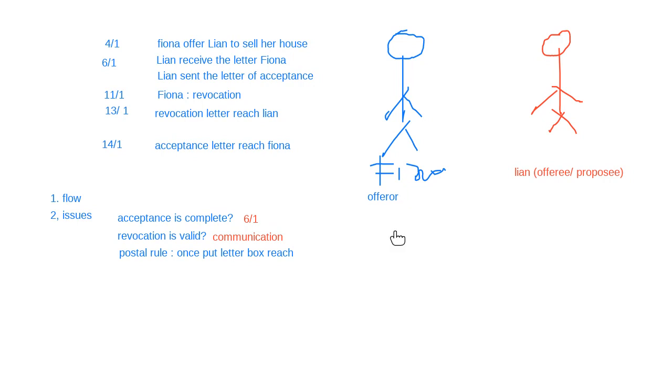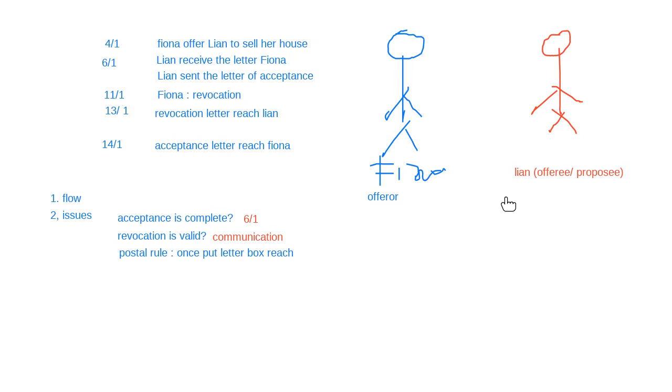Okay, and then if I ask you to advise Lian again, you may also add another point. You can write down to Lian that Fiona may not win the case because Fiona is not allowed to revoke the offer, because he already sent the acceptance letter before the revocation was carried out.